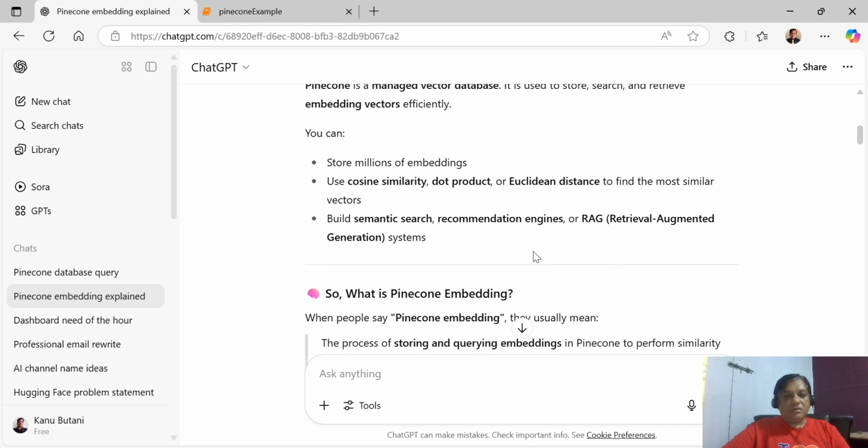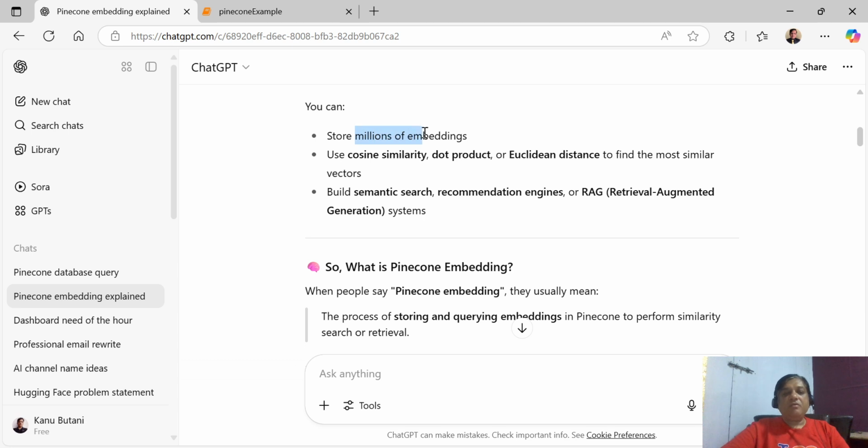Now you can store millions of embeddings in it. You use either of the three: the cosine similarity, which we will see and which we use very regularly, then dot product, and Euclidean distance to find the most similar vectors.